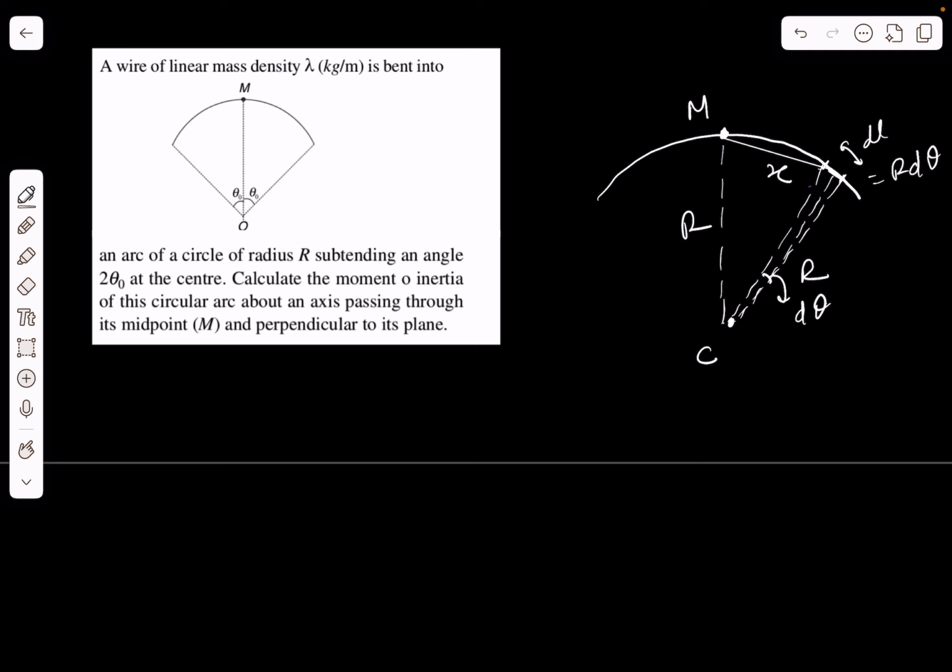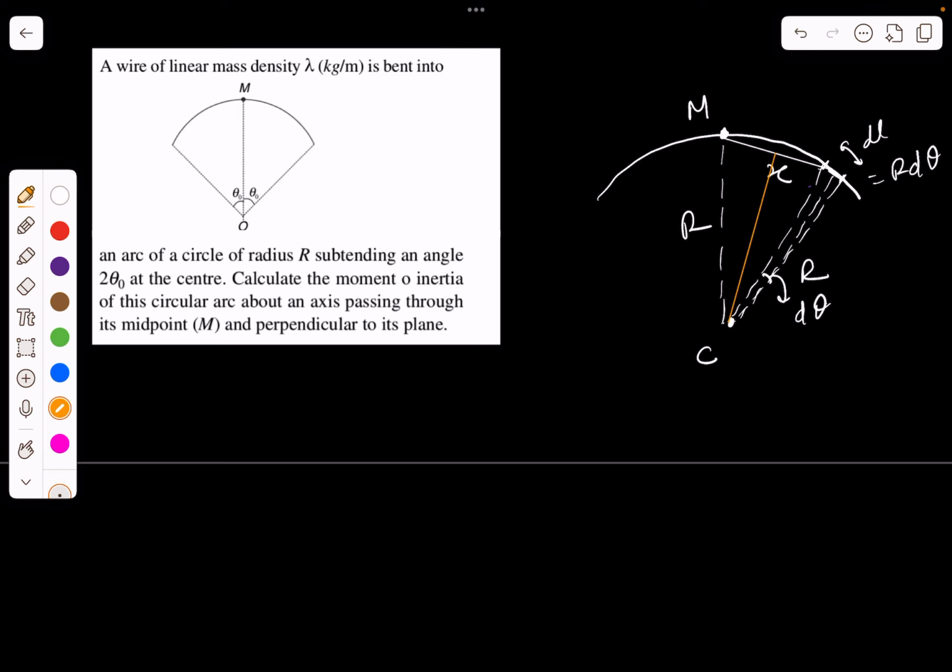Also, if we drop a perpendicular from the center on this length x, and if we argue that this total angle is theta, then this angle will be definitely theta by 2. So this half length, that is x by 2, will be equal to r sine theta by 2.